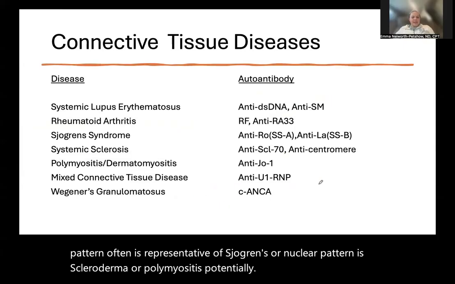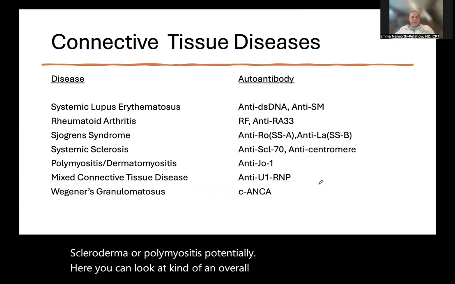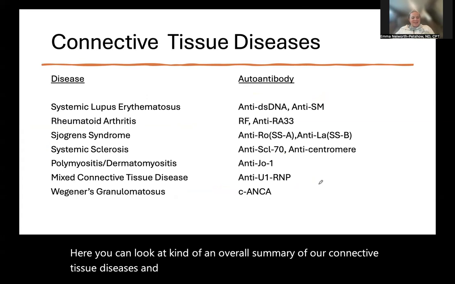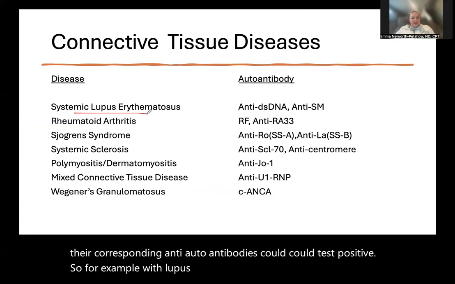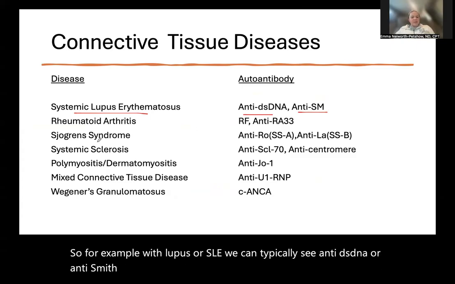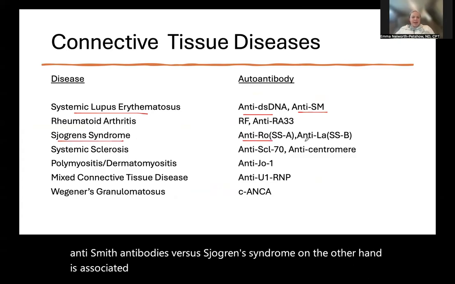Here you can look at an overall summary of our connective tissue diseases and their corresponding autoantibodies that could test positive. So, for example, with lupus or SLE, we can typically see anti-dsDNA or anti-Smith antibodies, versus Sjogren's syndrome, on the other hand, which is associated with anti-Ro and anti-La antibodies.